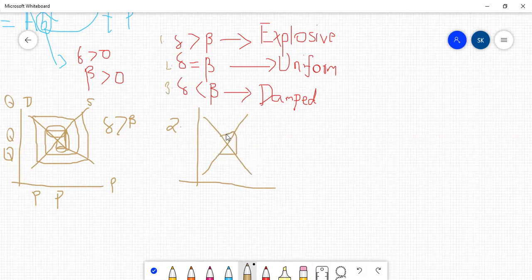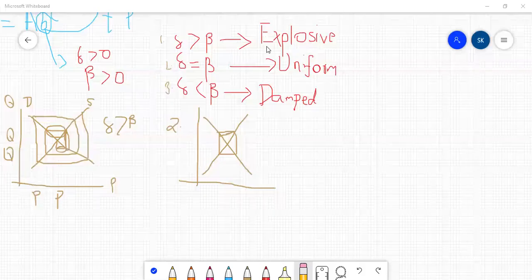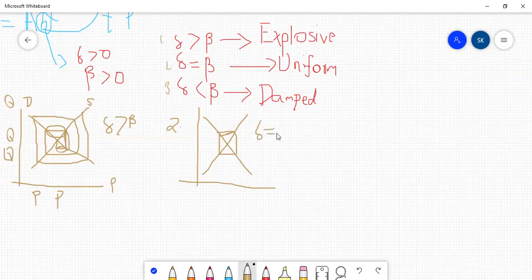That is, it is not increasing or decreasing. The amplitude is the same. Over here, sigma is equal to beta, that is, the amplitude is the same at all points. So we have taken Q on the vertical axis and P on the horizontal axis.